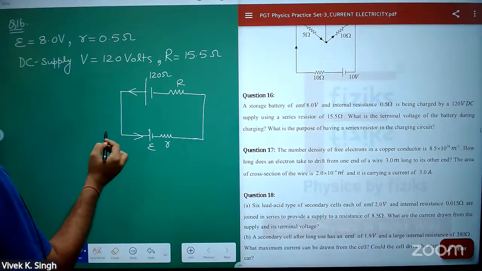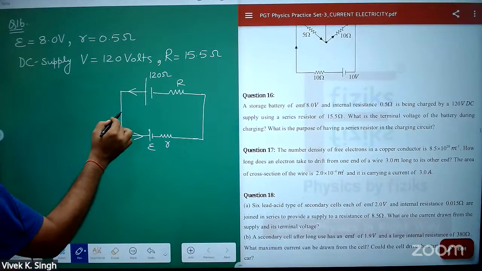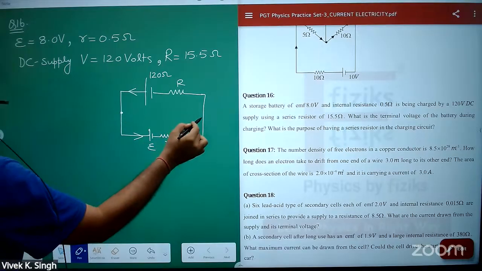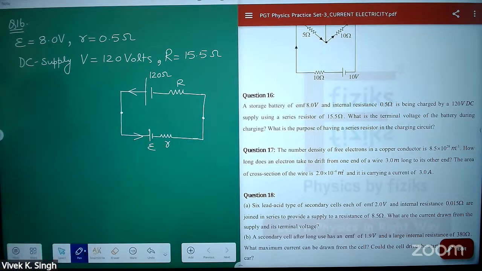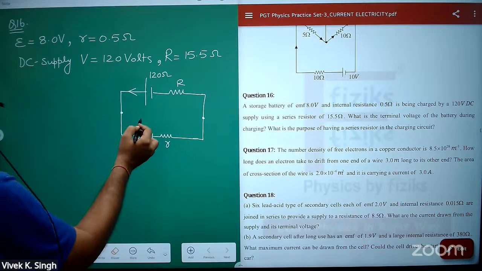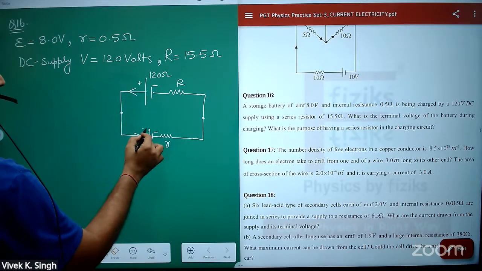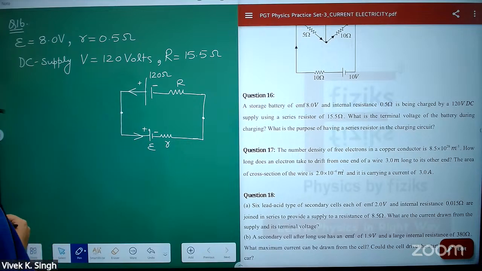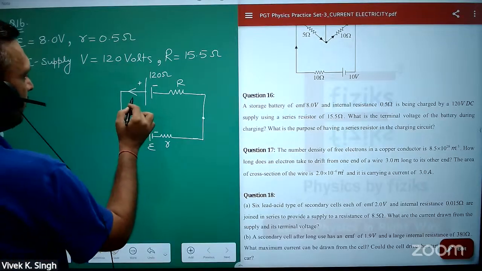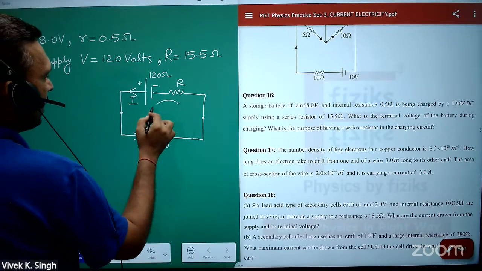So let's see. What will be the effective voltage in the circuit? Because this is minus plus, this is minus plus. So if your current is I, apply KVL in this loop.